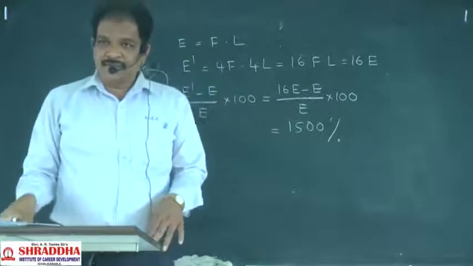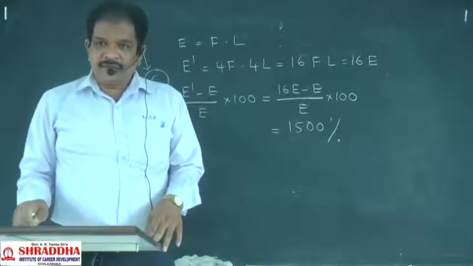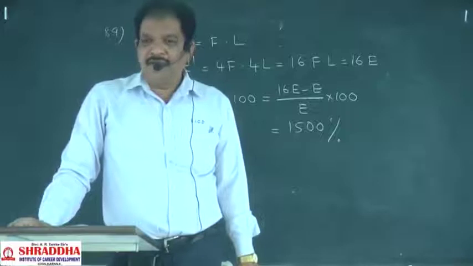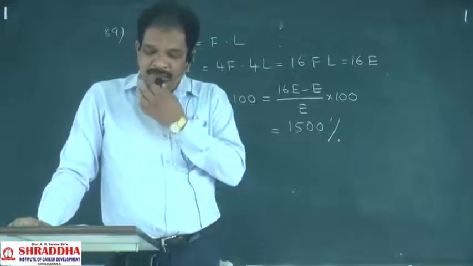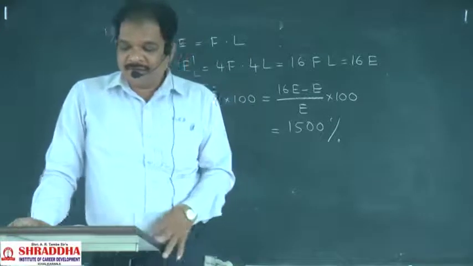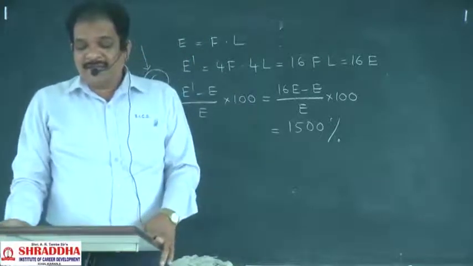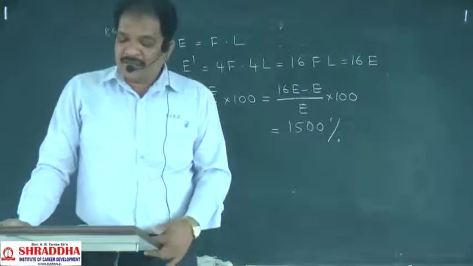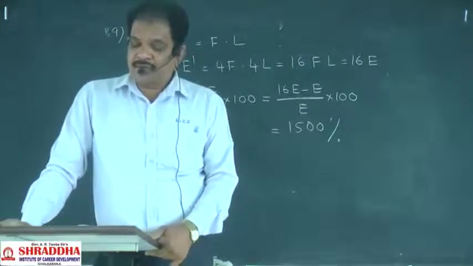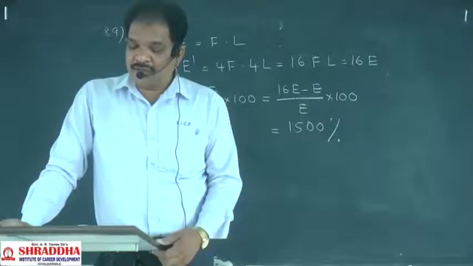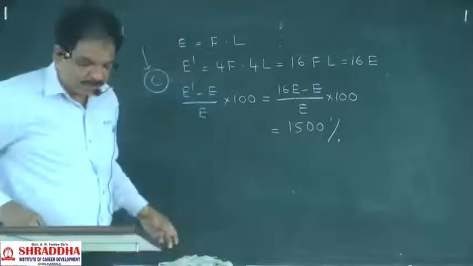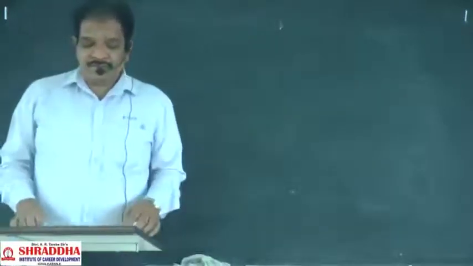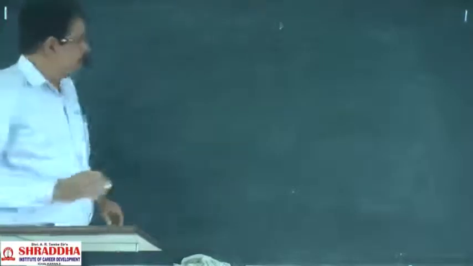Next. 90. SI unit and CGS unit of a quantity vary by 10 cube times, then what is that quantity? You have to check each and every quantity. SI unit and CGS unit of that quantity vary by 10 cube. Ratio of that, what is that quantity, you have to check. It becomes a lengthy problem. See, 90.